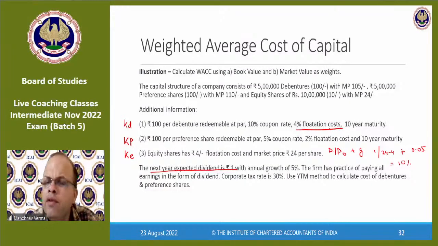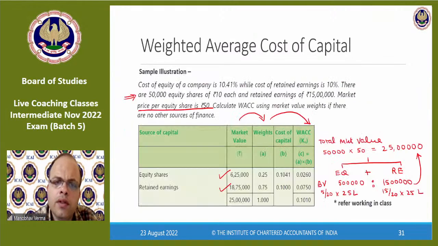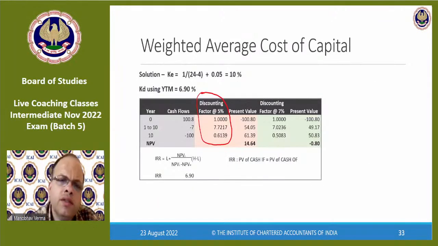And do we have a market price somewhere? 105. So what will be the net proceeds, guys? 105 minus 4%. Do you all agree?